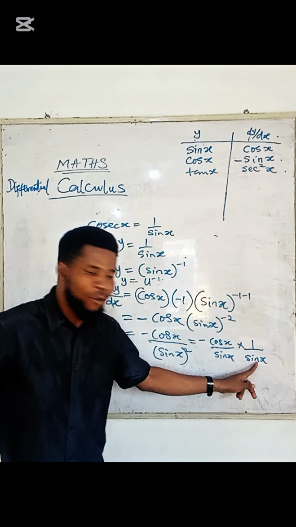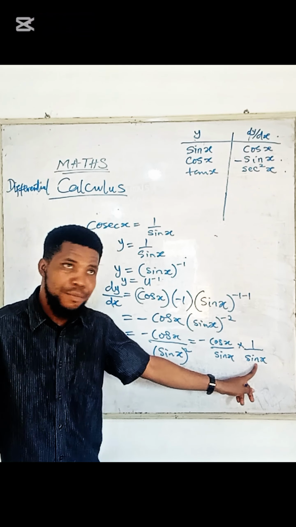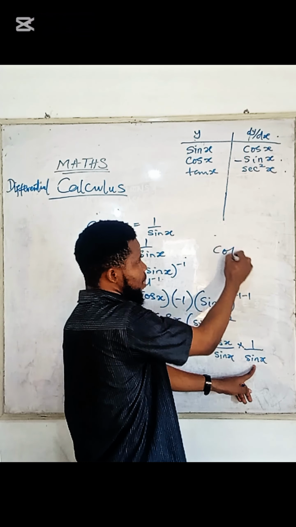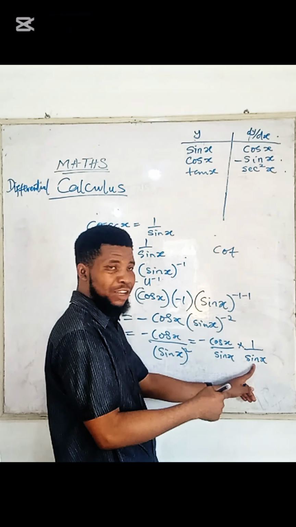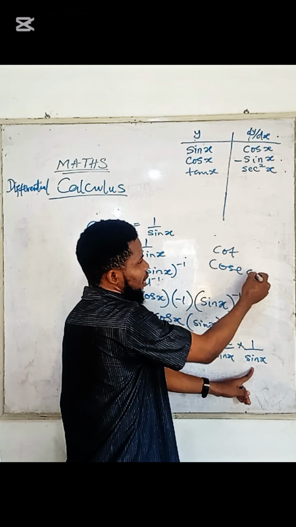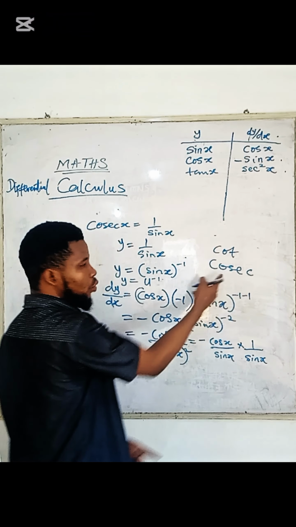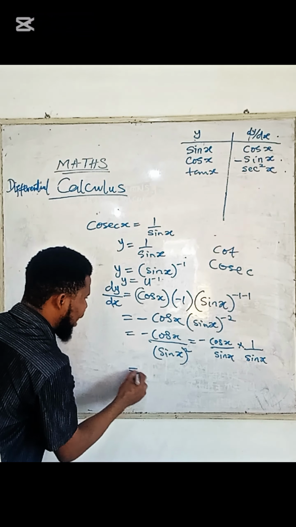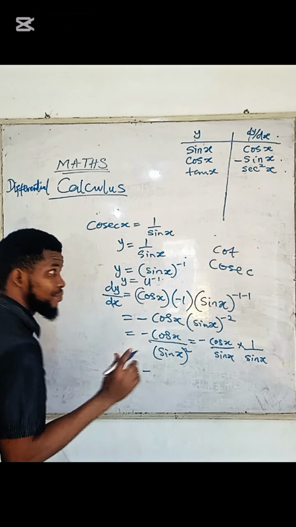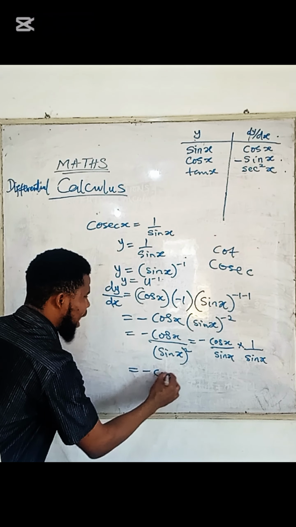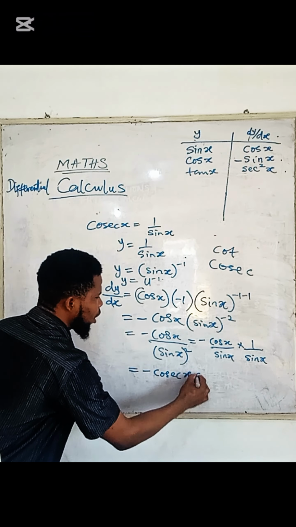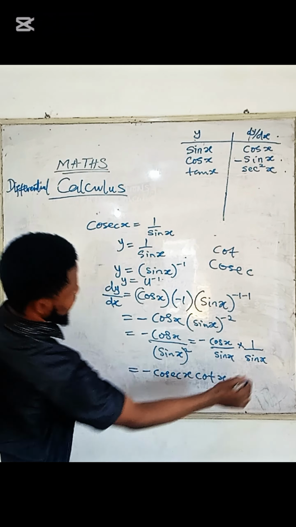Now, what is inverse of sine? Inverse of tan is cot, please. Cot, right? What is inverse of sine? That is cosec, right? So we have cot and cosec, right? So our whole answer is now minus cosec s cot s.